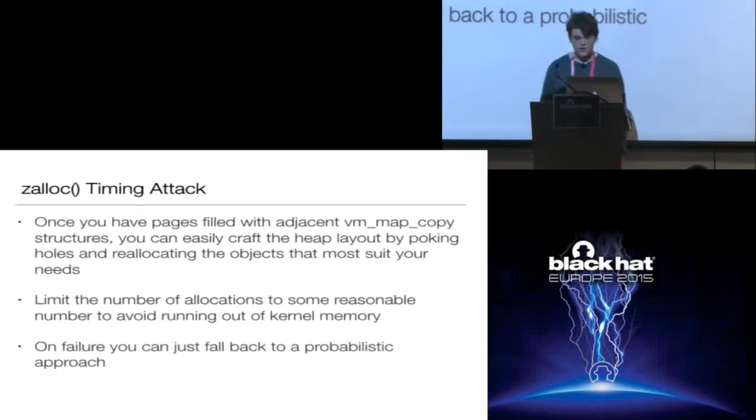You can just reallocate any object you wish. There is just one catch: you have to limit the number of allocations you create, because if you create too many, the kernel will crash. But on failure, you can just fall back to a probabilistic approach, so this won't hurt the reliability of your exploit. This can only increase it.